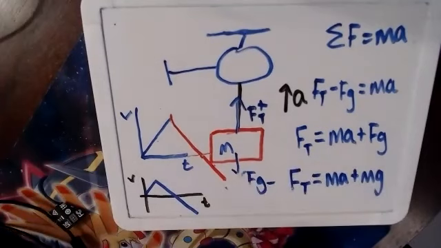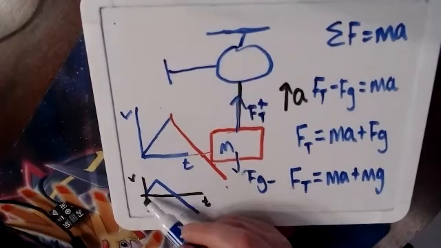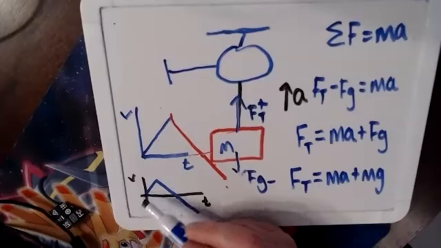And a lot of people like to pick this point right here. This is the most common incorrect answer. That's when its velocity is 0.